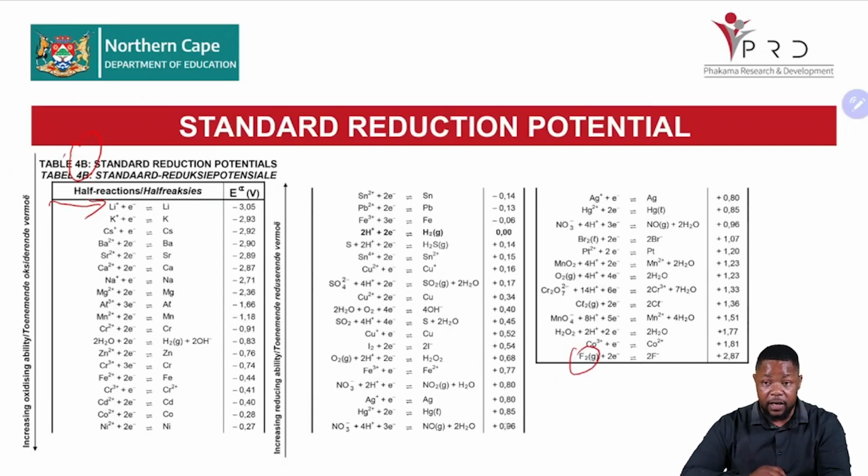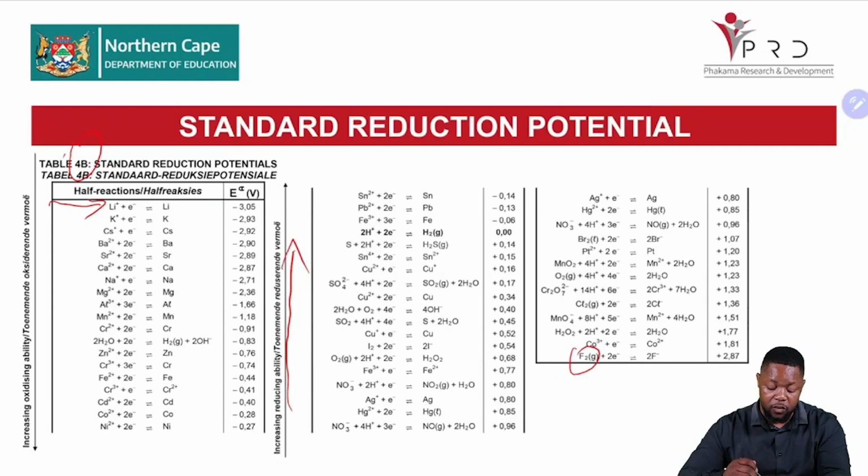Now, we want to look at how we read the standard reduction potential and how we are going to use it to determine the substance that undergoes oxidation and the substance that undergoes reduction. When we look at the standard reduction potential, we will see the lines on the sides with arrows. The line on the right says increasing reducing ability.